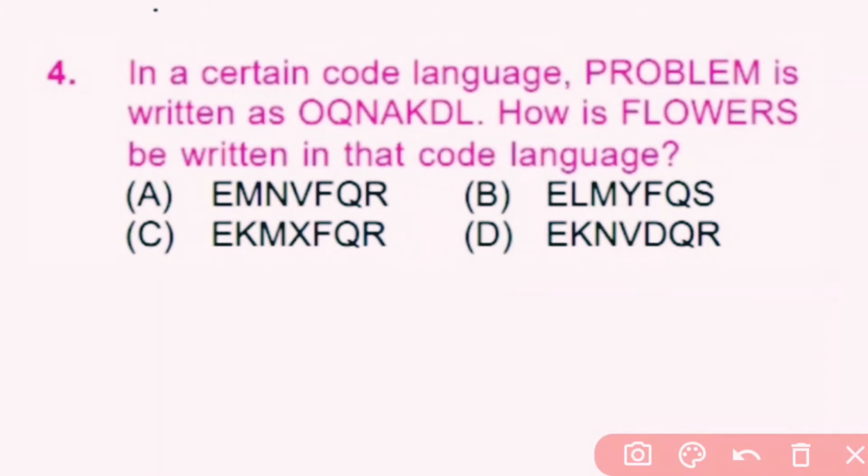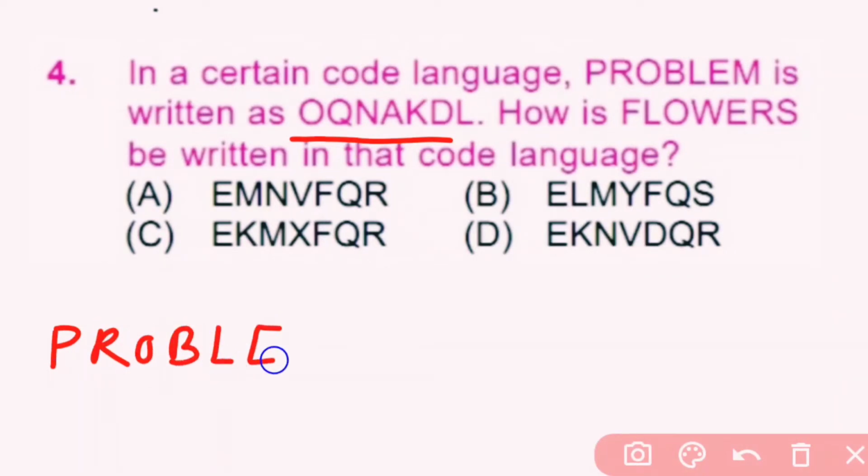Question number 4. In a certain code language, problem is written as like this. How is flowers written in that code language? So here to write problem, they took the previous letter of the given letter.